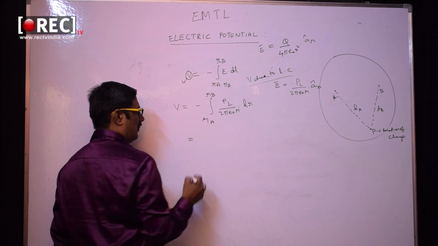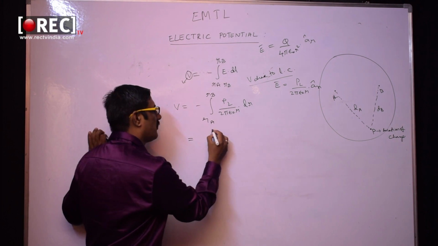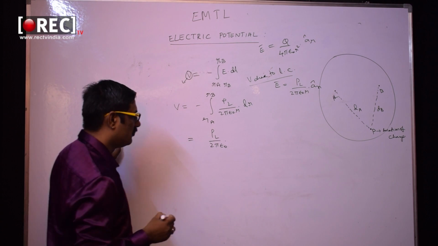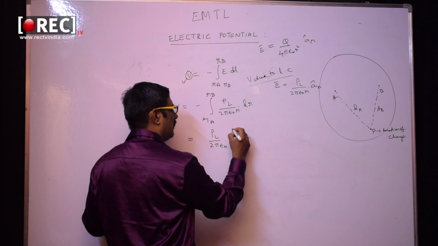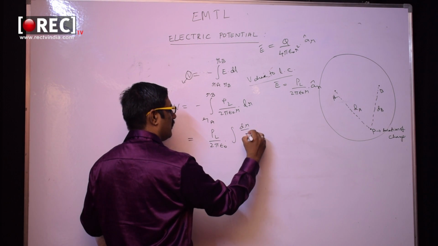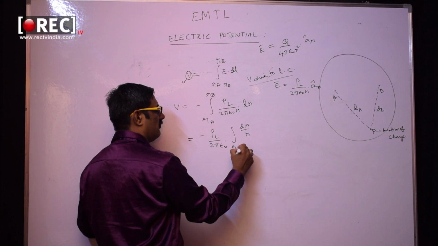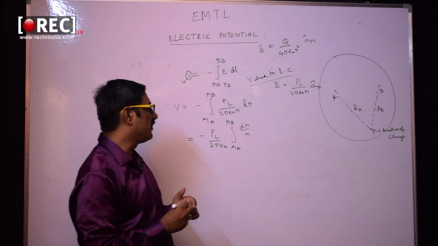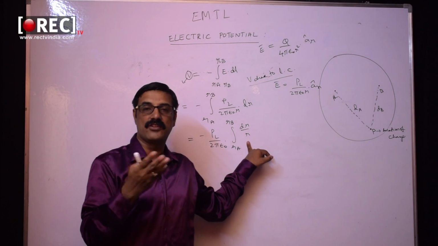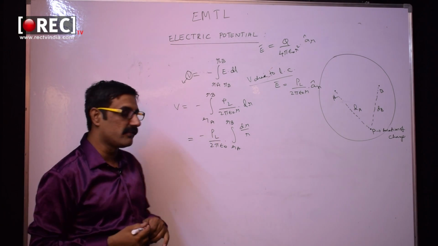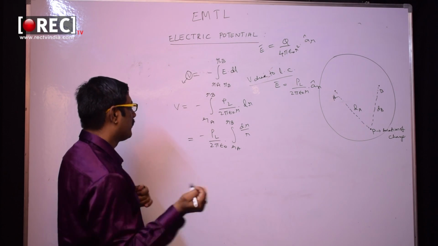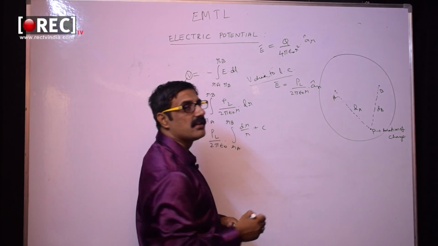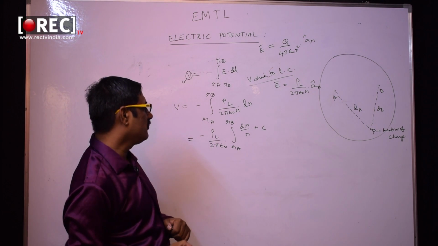Now if I take the common terms, it is minus rho L by 2 pi epsilon naught into integral dr by R from RA to RB. If anybody is interested in evaluating integral dr by r, or simply dx by x, it is ln of x, the natural logarithm of x. Strictly speaking there is an integration constant, and that integration constant can be assumed to be equal to 0.